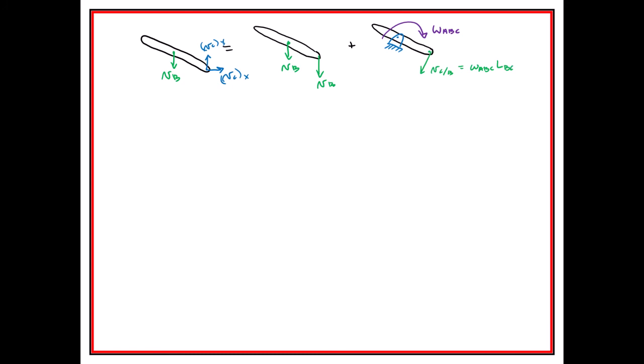Did I get that wrong on the other page too? No, I got that right. It was LAB. I just kept calling it C all the time instead of B. But that's the magnitude of this. And it's important to check the angle: theta is right there with respect to vertical.